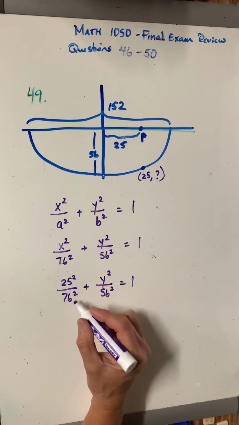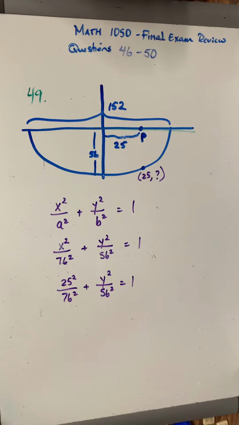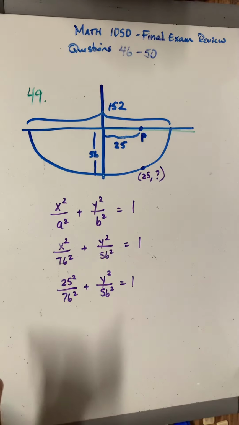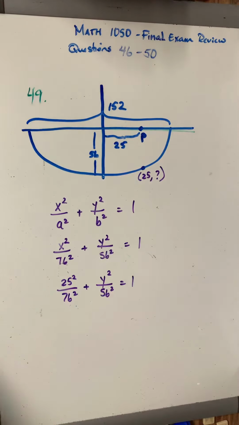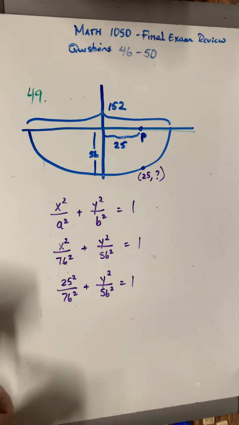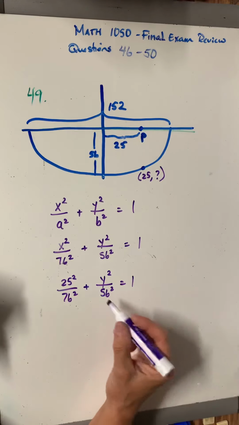So 25 squared over 76 squared. They said that you can round this to the nearest hundredth, I think. So there's no reason why you couldn't go ahead and just convert these to decimals right off the bat. So if I have 25 squared divided by 76 squared, I get 0.1082 whatever.